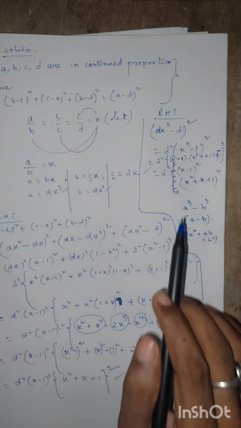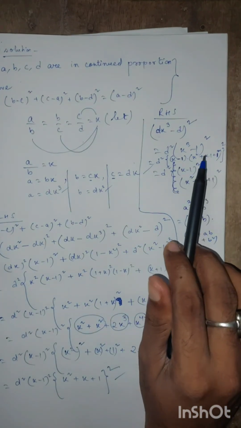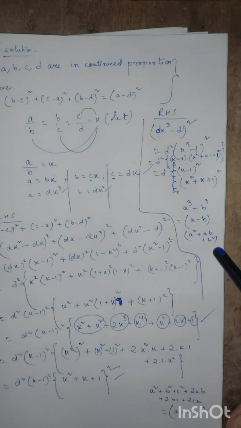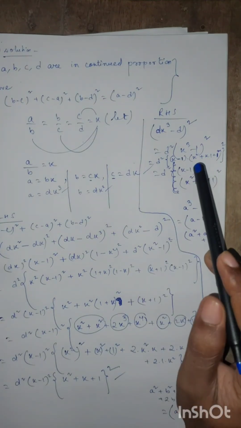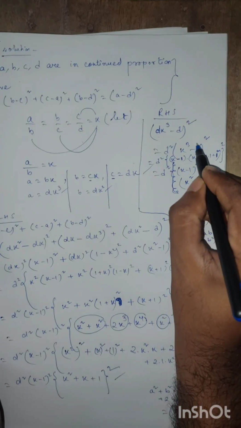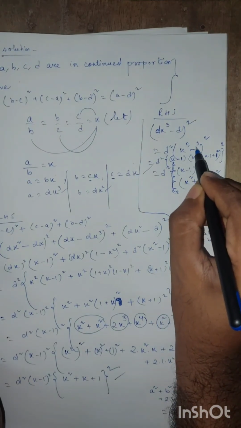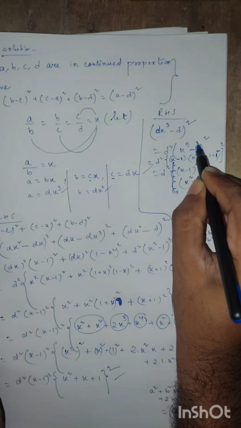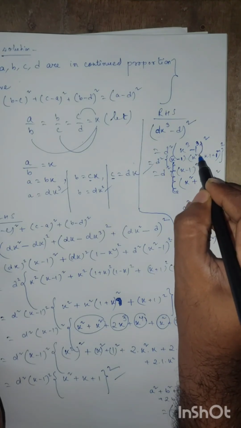So we can write k cube minus 1 is actually k cube minus 1 cube whole square.